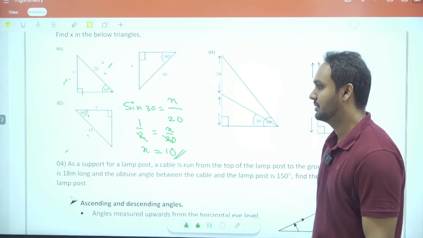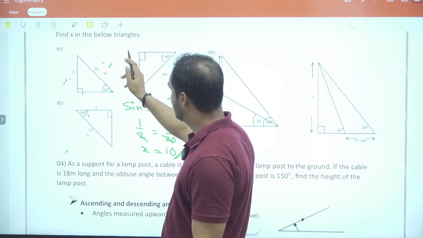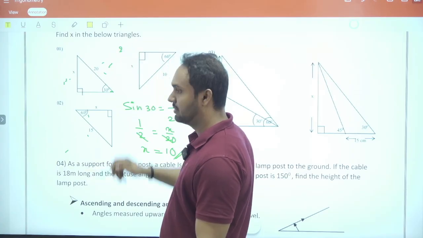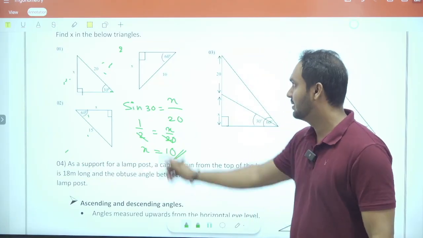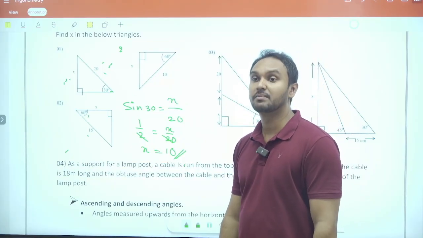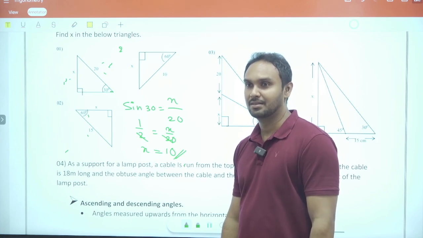People online, tell the answer for the second one. Did you do this one? One has two of the questions, so the second one is this. Any of the answers? 7.5, back row. But what is the answer?